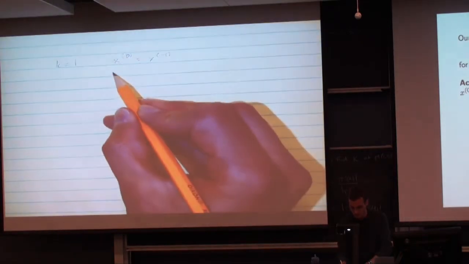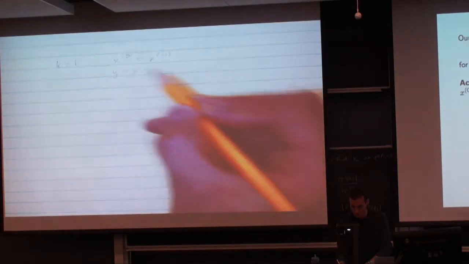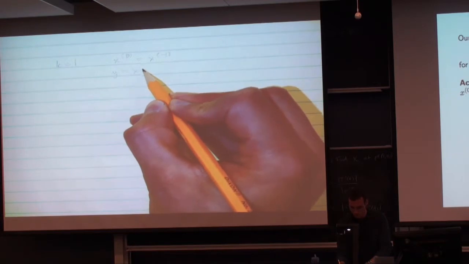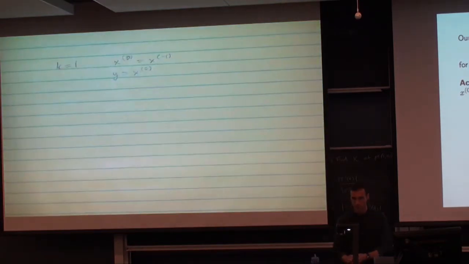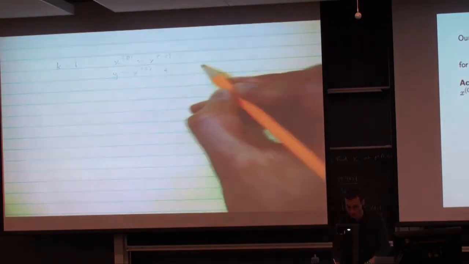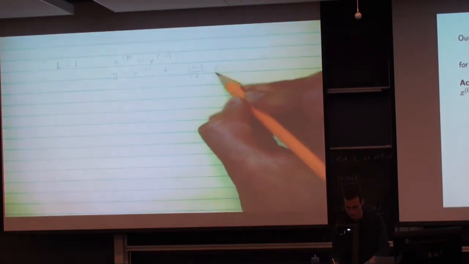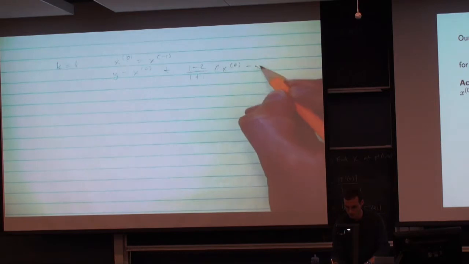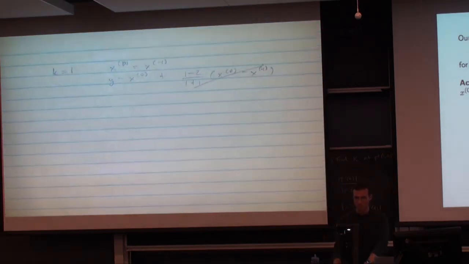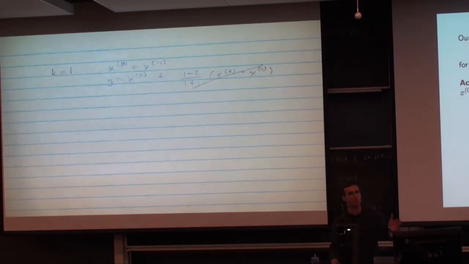So y is just equal to x0, right? Because I have x0 plus, in this case, 1 minus 2 over 1 plus 1 times x0 minus x minus 1. But those are the same. So I just do the usual generalized gradient update at the first step.